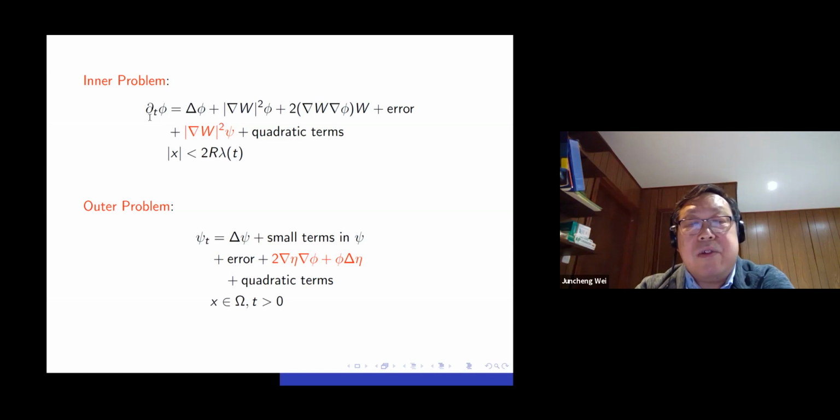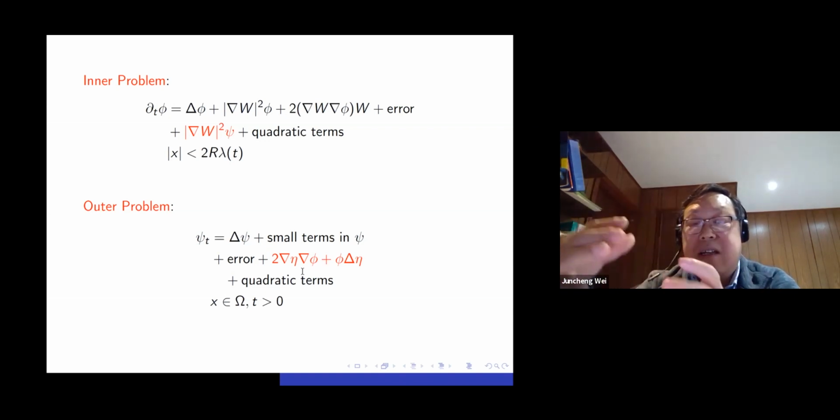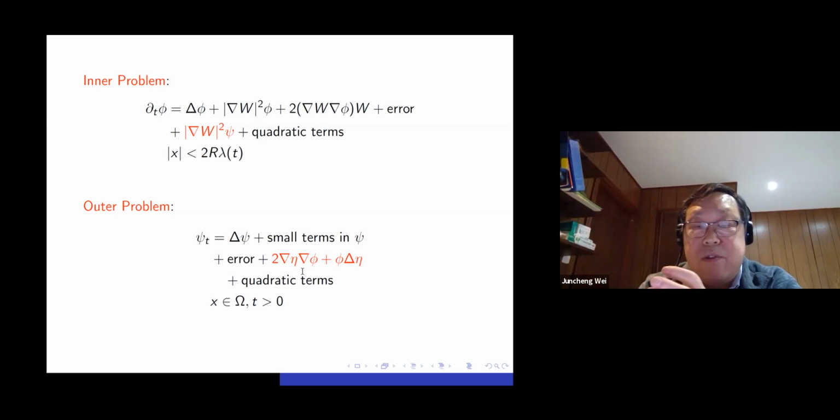Basically, the inner problem is linearized around the degree 1 harmonic map, and the outer problem enters into the inner problem through this potential, a Schrödinger potential. The inner problem enters into the outer problem through the cutoff function, because you cut near the blow-up point.